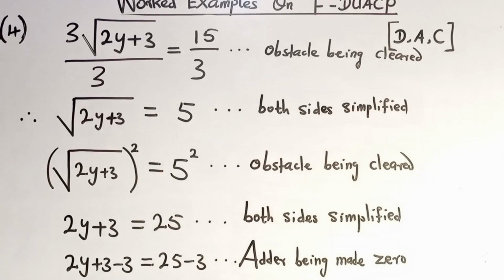Now that obstacle, which was minus 4, has been cleared. At this point, please, don't forget that the main adder we are targeting to remove is this plus 3. That minus 4, which we removed before to make it become 0, was not the main target. It was an obstacle, and now it is out of the way.